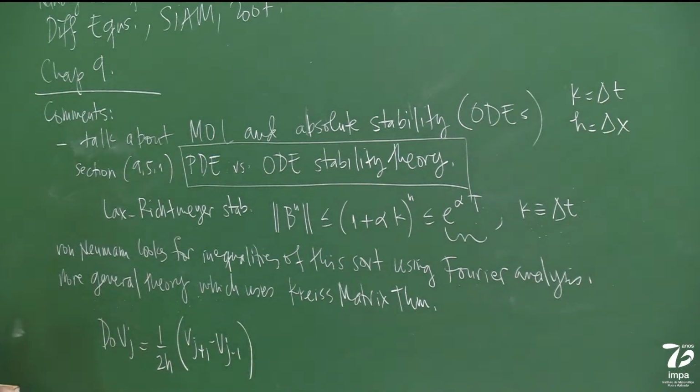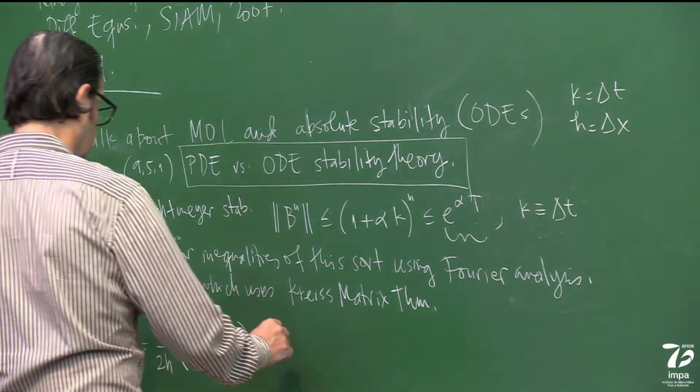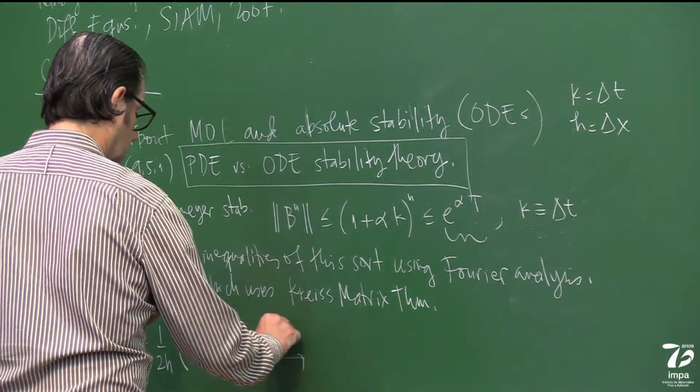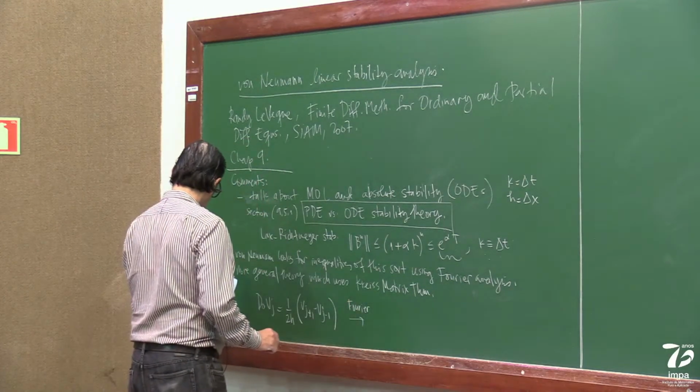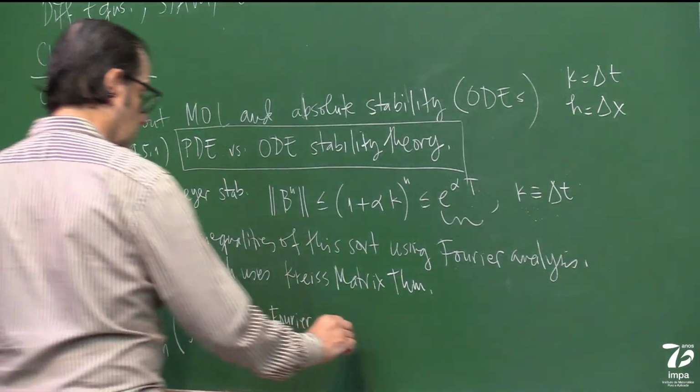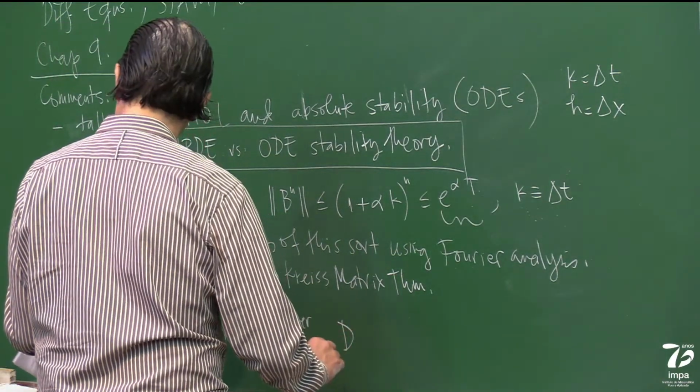a central difference, and we do a Fourier analysis of this, let me skip one point, we can get the following.